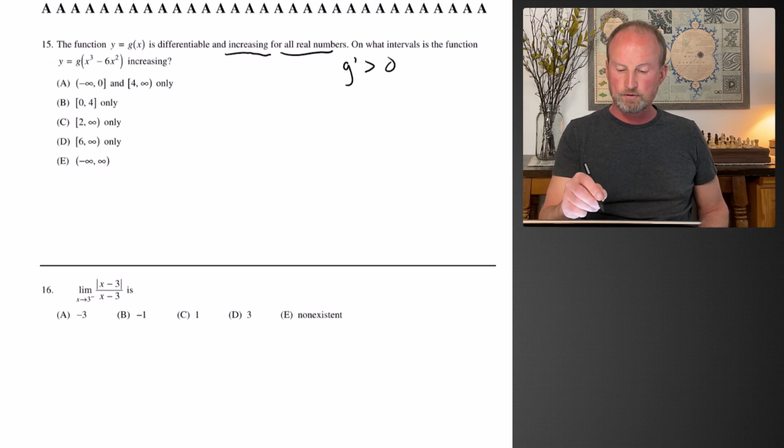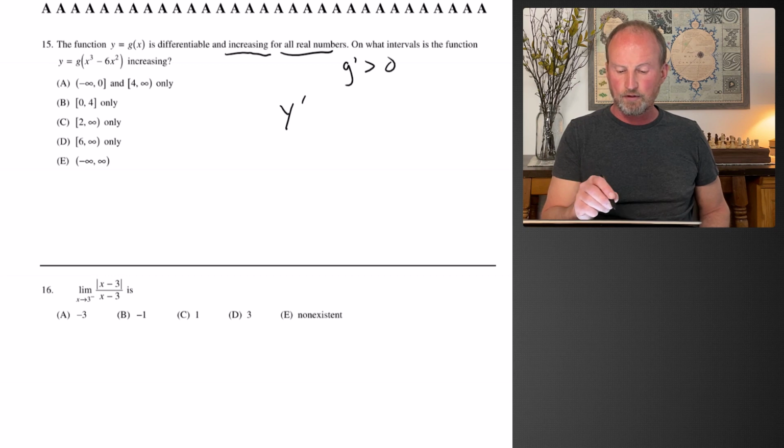We have a chain rule. I want to know where it's increasing. I want to know when is y prime greater than 0. Y is defined in terms of g. I know something about g, but I want to know something about y. So I want to know when is y prime going to be positive.